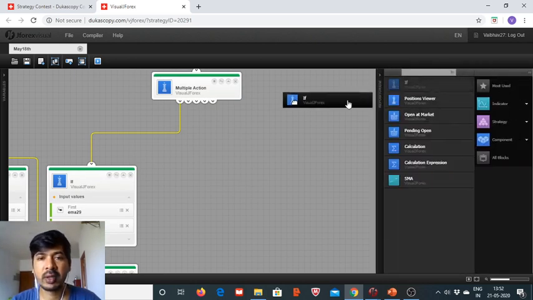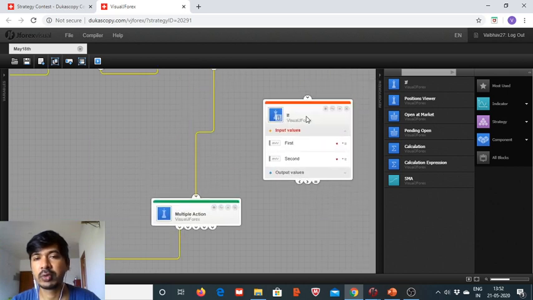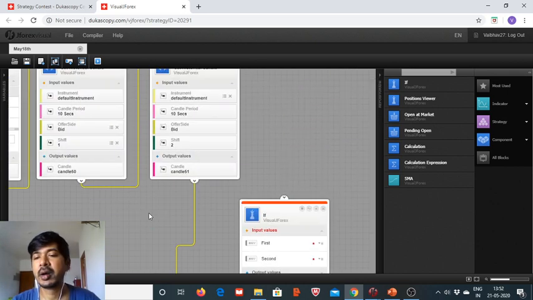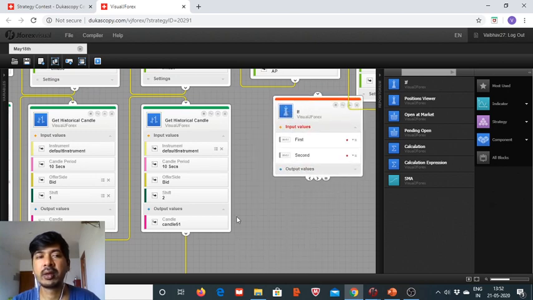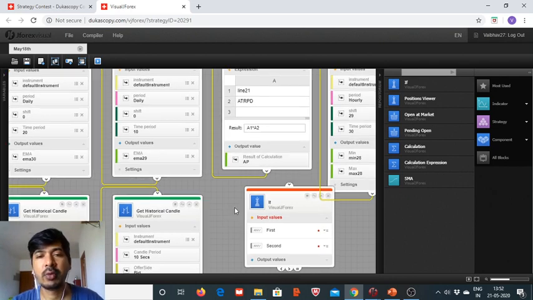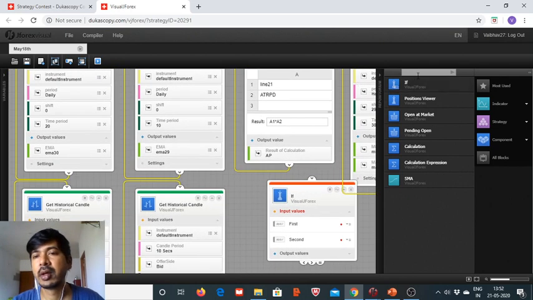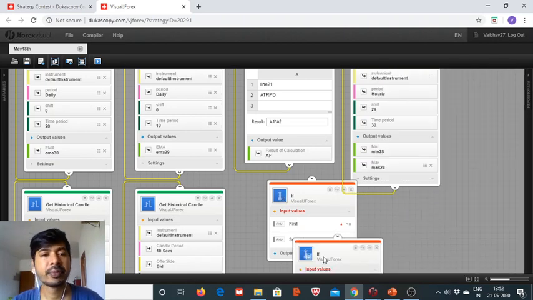Now we need to bring in fresh conditions. First thing first, we will need to check for the bearish crossover, and for that we need the EMA 10's value to be less than EMA 20's value. So here we start working with that.